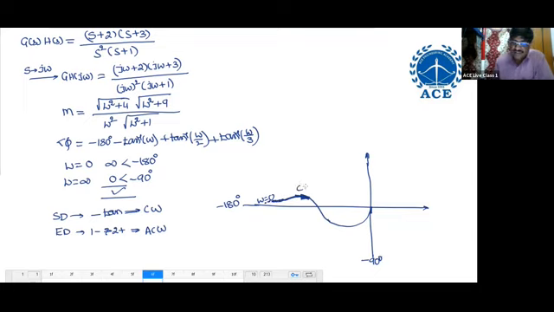This is clockwise, this is anti-clockwise. Starting direction is clockwise, ending direction is anti-clockwise.